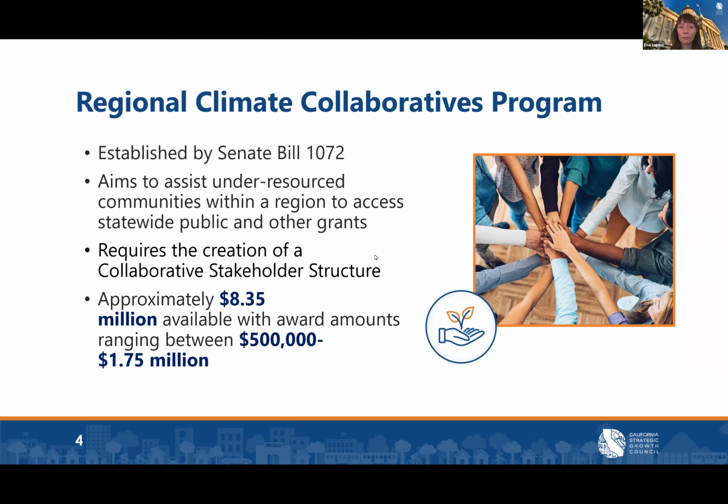The program is really aimed to assist under-resourced communities throughout the state to focus on a regional level on helping folks access statewide public and other grants. The program will fund cross-sector networks of partners in under-resourced communities to access funding to advance climate solutions.